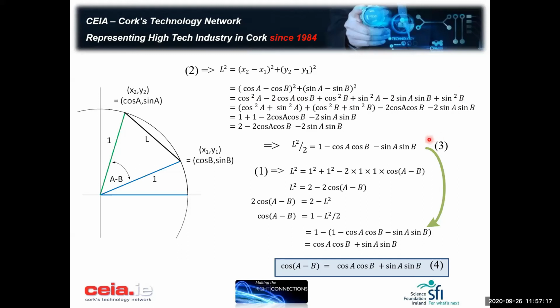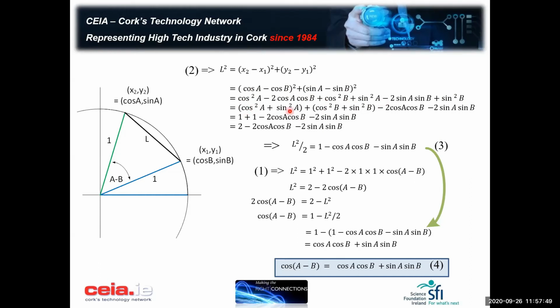And you get a total of 6 terms when you square that and you square that. Those are the 6 terms. And the important thing to notice is that you get a cos squared A and a sine squared A in there, which you can group together. You have a cos squared B and a sine squared B, which you group together here and leave the other 2 terms alone.